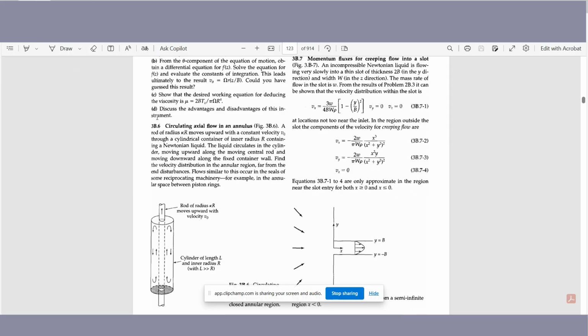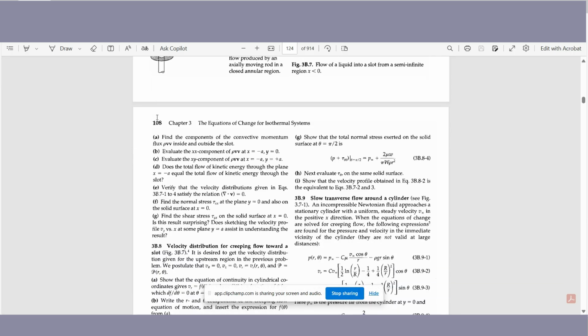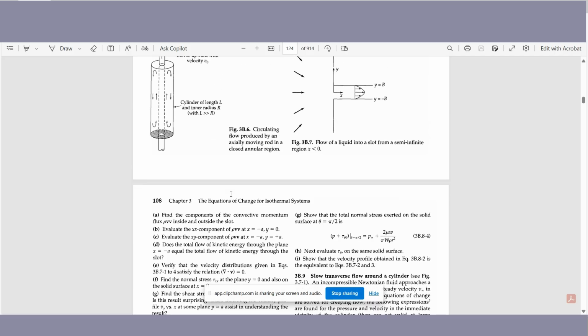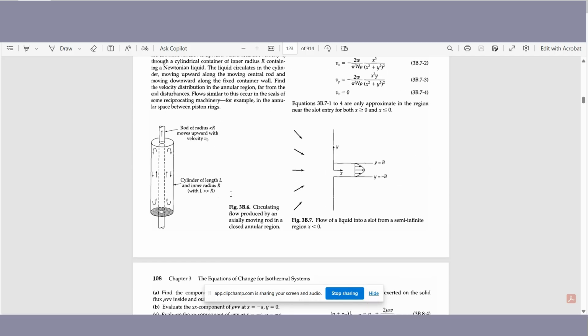So part E. Part E, verify velocity distributions given in equations 3B.7-1 to 4 satisfy this dot product. So this del operator is like derivatives, and then you're dotting it with all the velocities. This is like the Vx i plus Vy j plus Vz k.